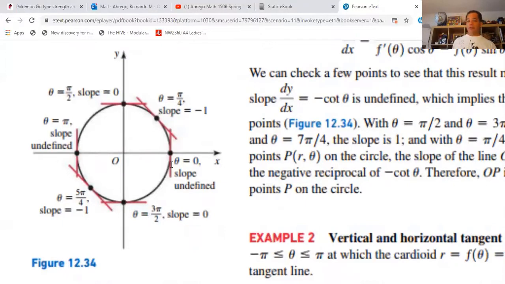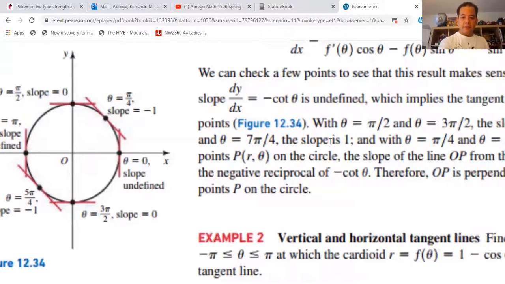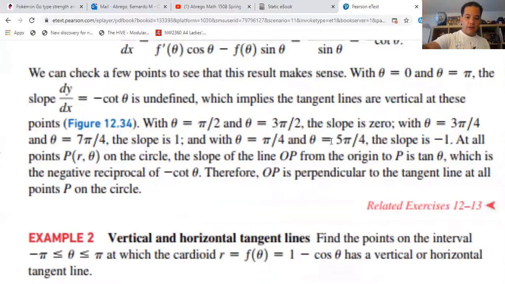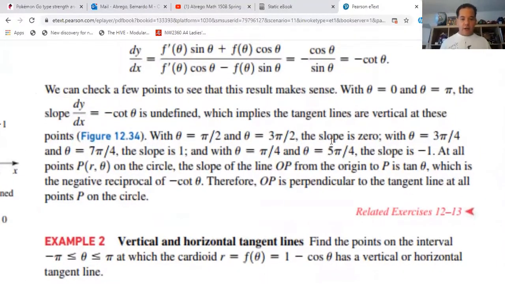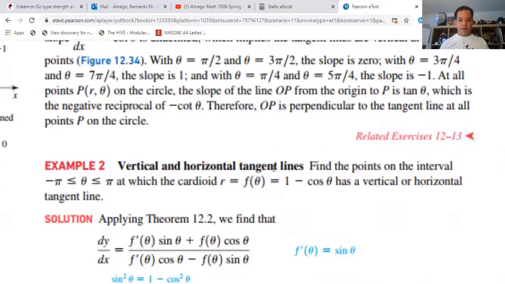Okay, good. Let's take a look at example 2 now. A bit more interesting. So now we'll look at this cardioid shape. It says find the points on the interval negative pi to pi at which the cardioid f of theta equals 1 minus cosine theta has a vertical or horizontal tangent line.